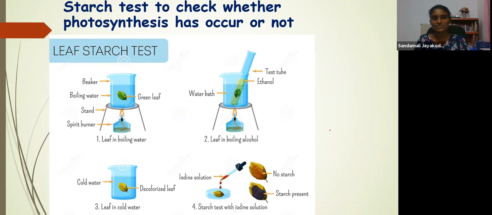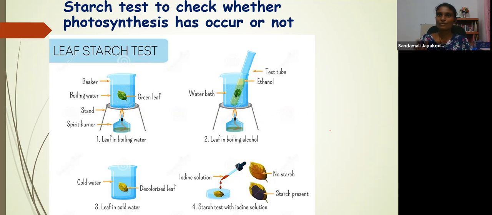Now we are moving to test different factors, whether they are required for photosynthesis or not. And also we are going to test whether glucose is actually produced in the plants at the end of photosynthesis. So these are some tests which have been designed for confirmation of the production of glucose.